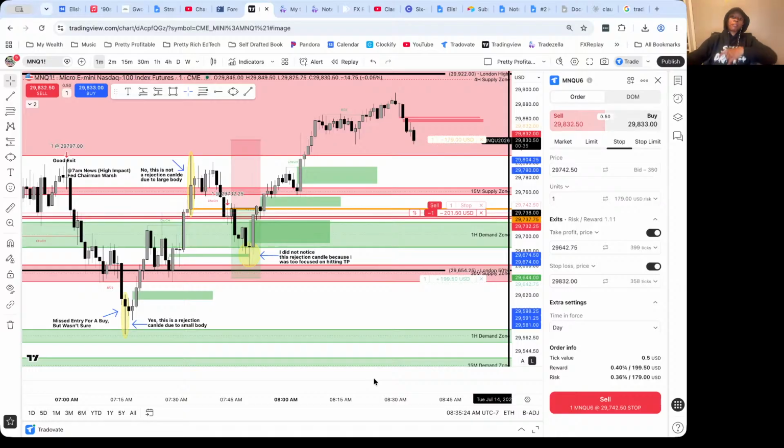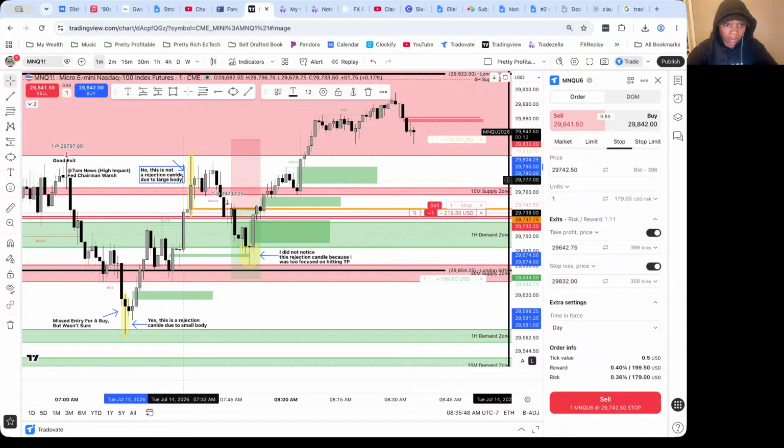Now that I've been able to reflect back in the moment, look what I've been able to learn. Okay, yes, that is a rejection candle because that's a small body, long wick. This is not a rejection candle because it has a large body, regardless of long wick.